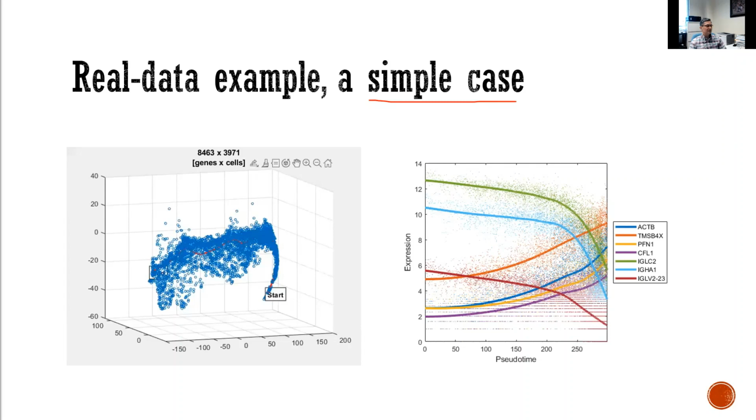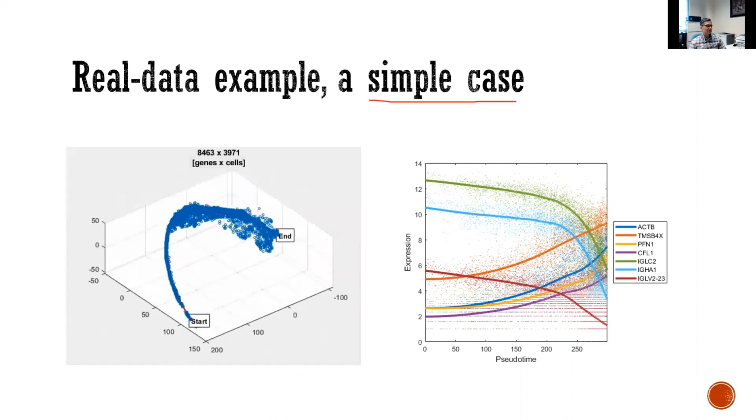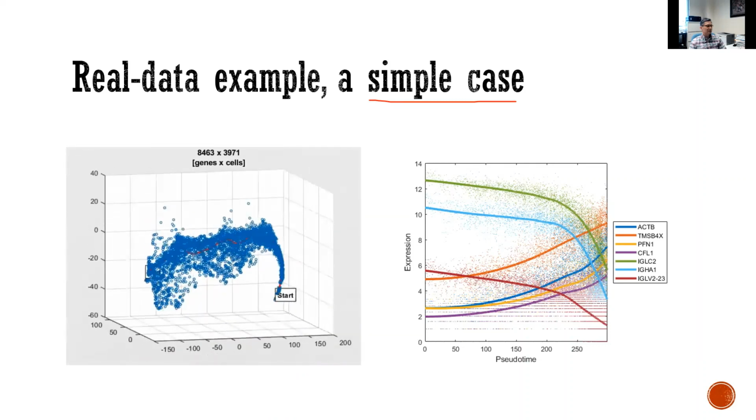We can use this analysis to find the trajectory among the cells. If you look at this, there is a red curve. It's implemented by a method called the spline, and this is a spline fit curve, which follows the majority of this cell population.